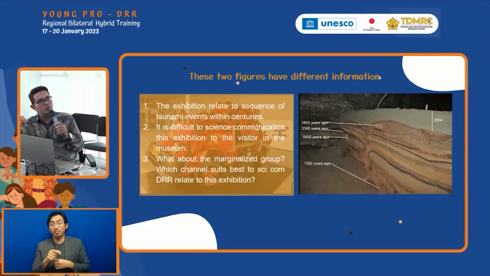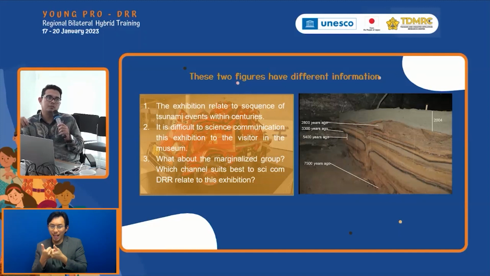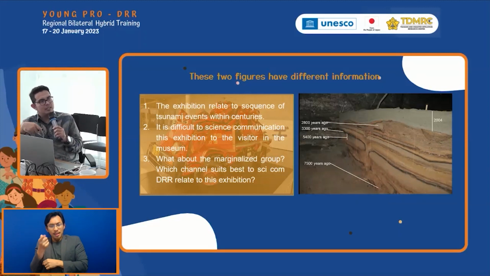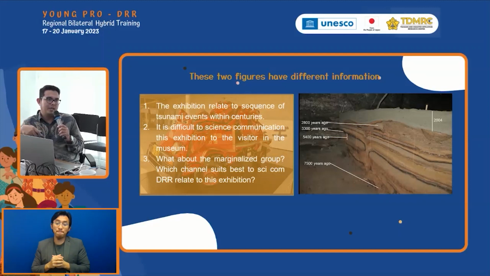However, the other one, the exhibition related to the sequence of tsunami events over centuries, is more difficult and more challenging to discuss with museum visitors. We need to pick which group we can explain in more detail, and which group we need to explain in a very common-sense way, such as making it a layered pancake, or the sand when they are walking on the beach.